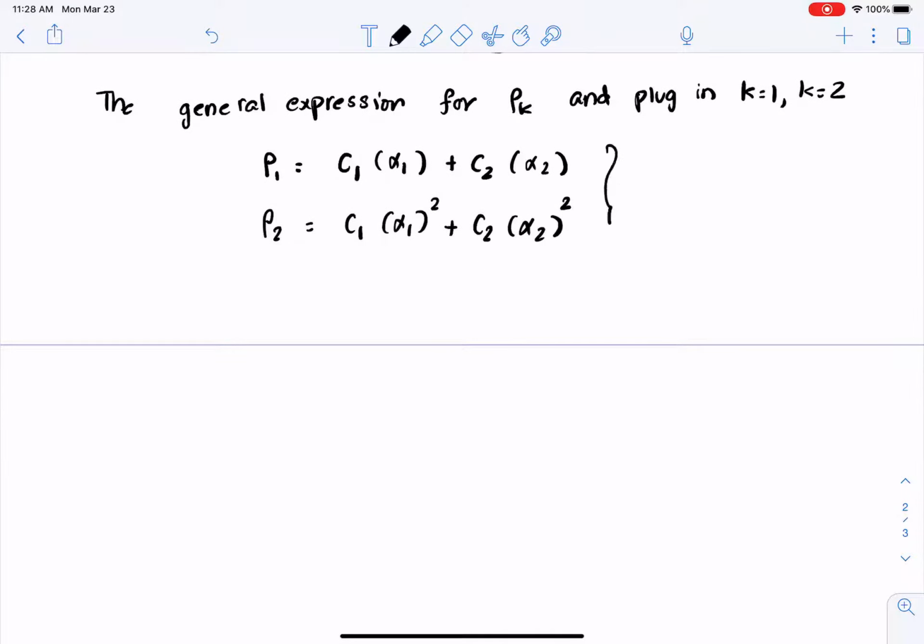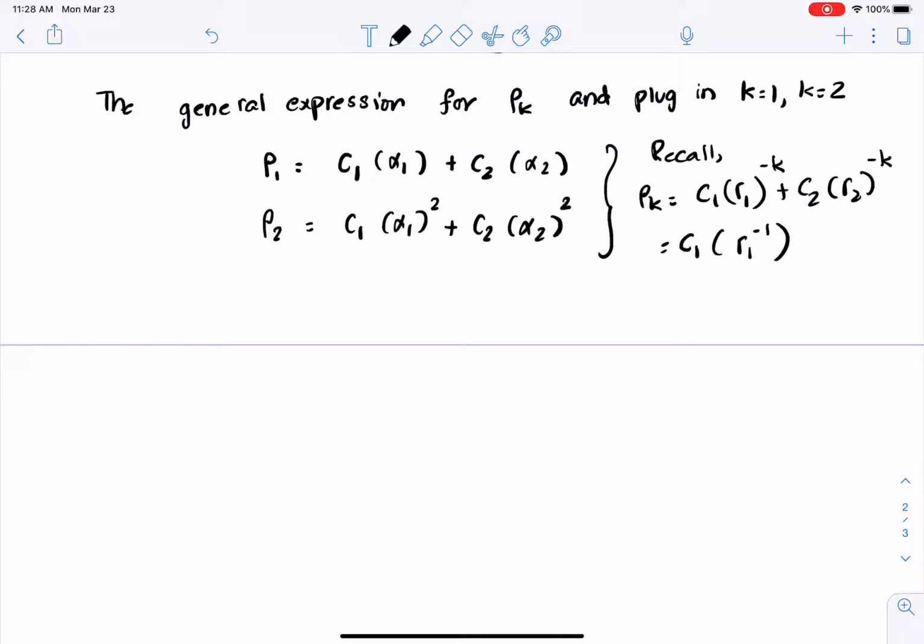The reason for that is rho k is C1 times the root raised to negative k plus C2 times the second root raised to negative k. What we have done here is rewritten it as C2 times R2 inverse raised to k, and we called the inverse roots alpha, so we would get C2 alpha 2 raised to k, which is why the exponent in the general expression now becomes positive.